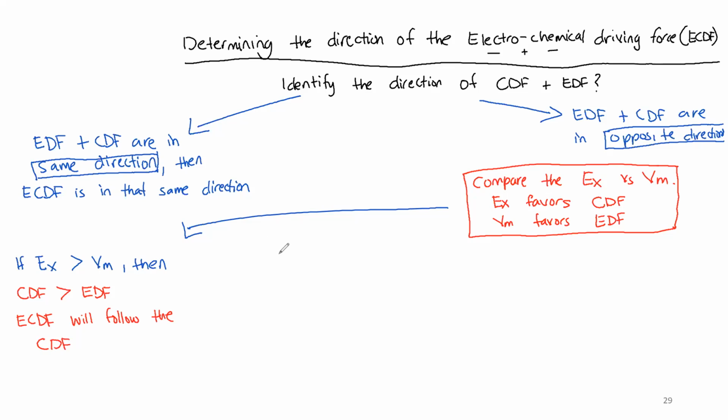The second scenario is if they're equal and opposite, right? If the equilibrium potential is the same value as the membrane potential, and we kind of talked about what would happen in that scenario. If it's the same and opposite to the membrane potential, then the chemical driving force is equal to the electrical driving force, and none is stronger, so to speak.